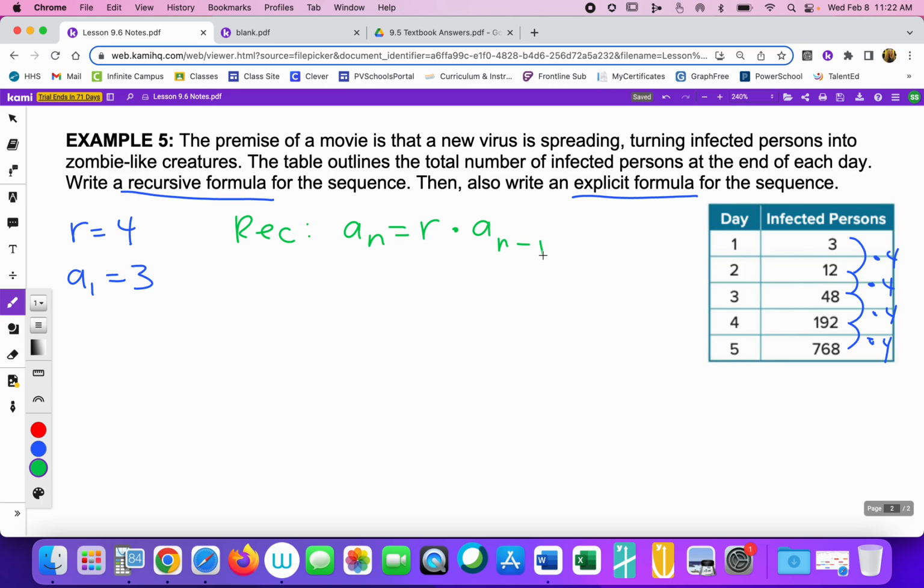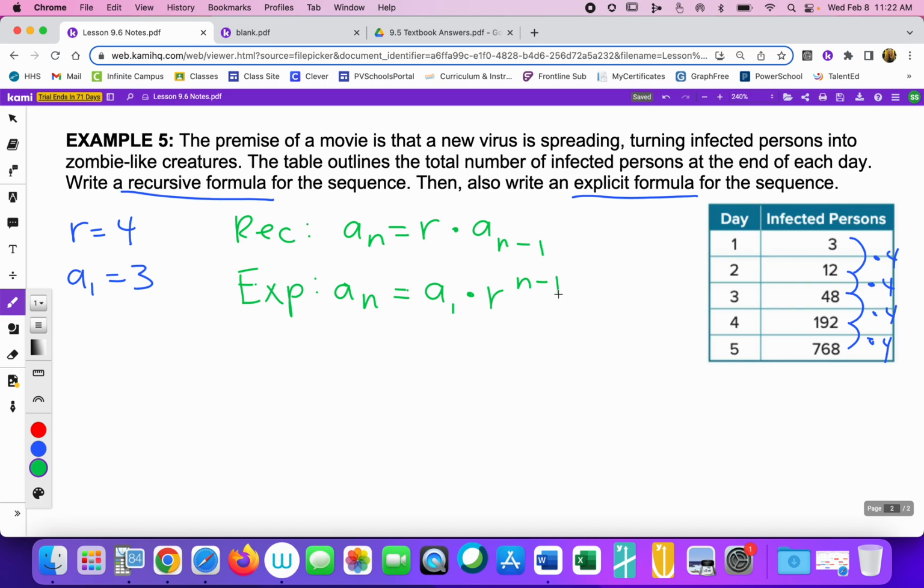Okay, so this is in the chart that's on the front. Your explicit one from yesterday was what? a sub n equals a sub 1 times r to the n minus 1. So since this one is asking for both, you will need to fill out both.